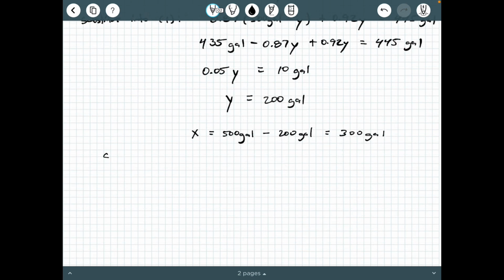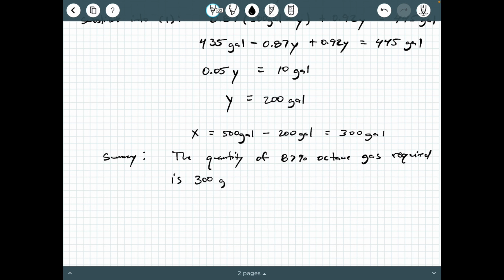So our summary would be the quantity of 87% octane gas required is 300 gallons, and the quantity of 92% octane gas required is 200 gallons.